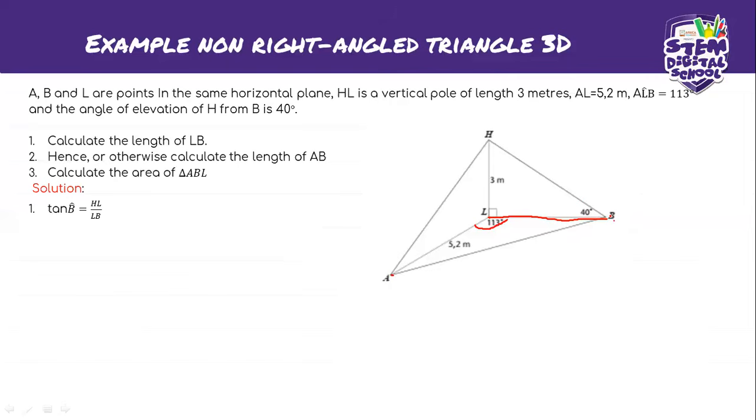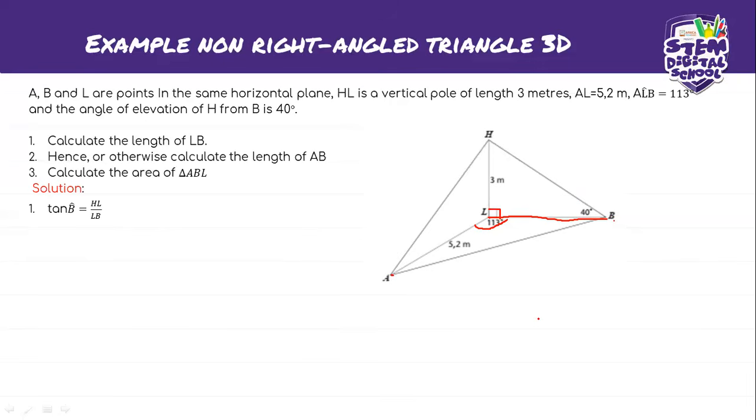If you remember what we talked about under right angle triangles, we are going to use trig ratios to calculate any side or angle. You can see we have that right angle triangle there, HLB. That is a right angle because we have 90 degrees there. Can you see it?